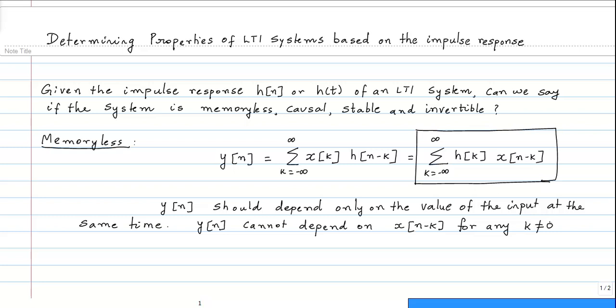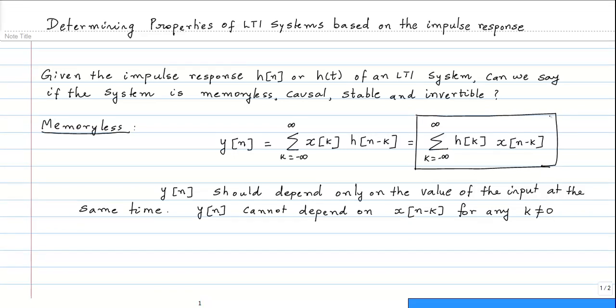Okay. So now we want to see what property this h of k has to have such that the summation does not depend on x of n minus k for any non-zero value of k. And that is kind of easy to see, because what this tells us is that h of k has to be 0 for all non-zero values of k.